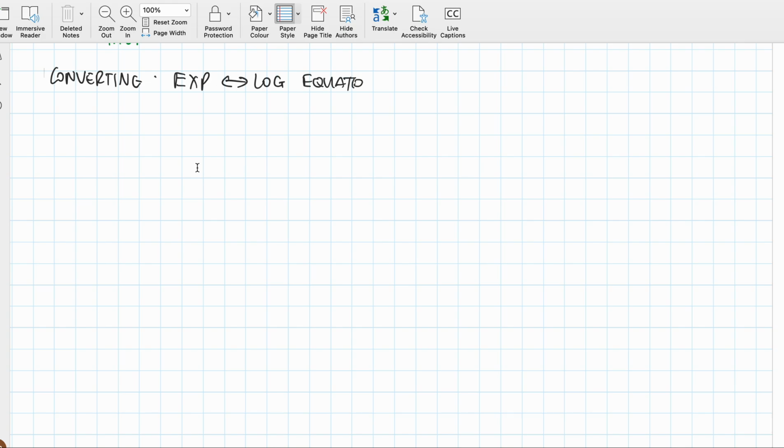It's an important skill, it doesn't come up as much as some other skills, but it still needs to be able to be done. So the first question is going to be, can you convert these equations to logs? So this is exponentials to logs to start us off. Okay, first equation. And the second equation.